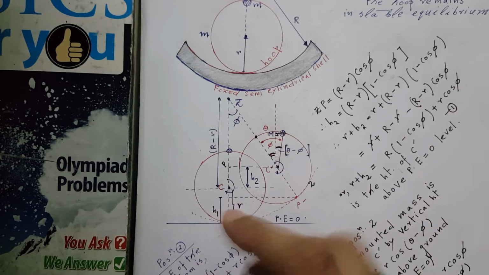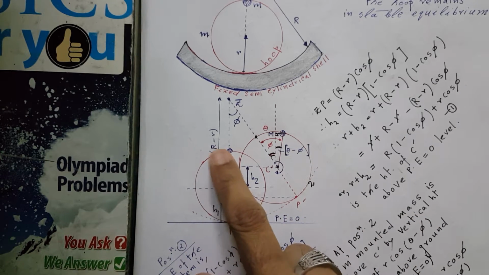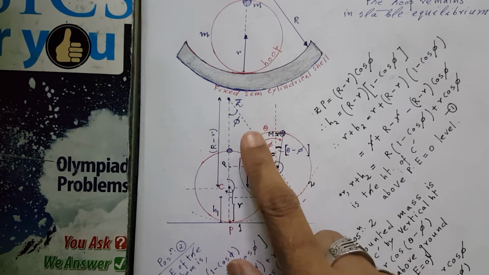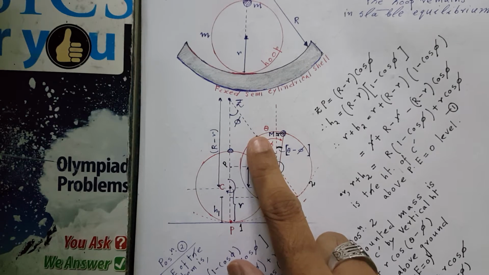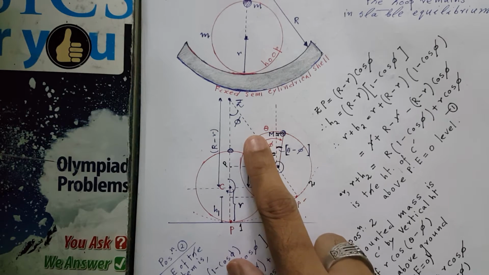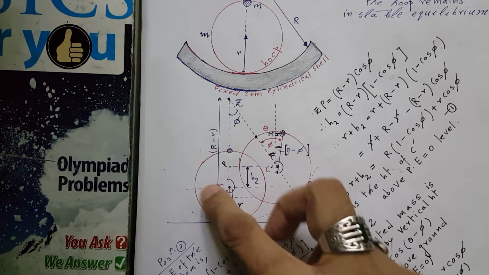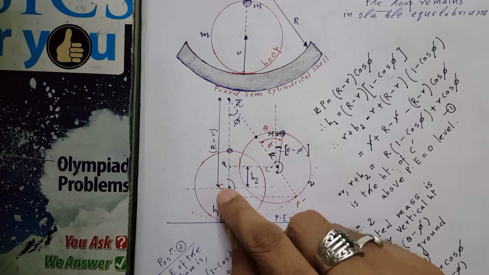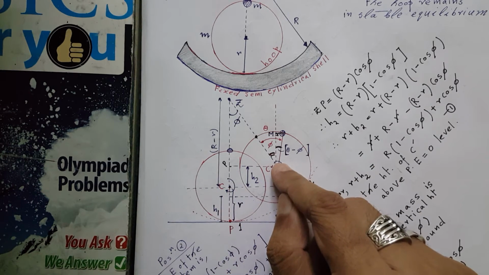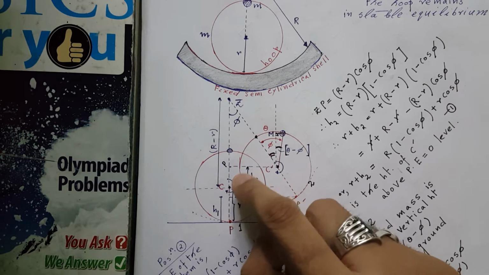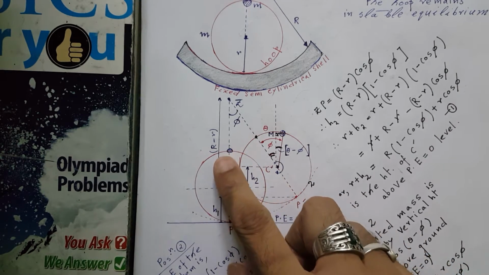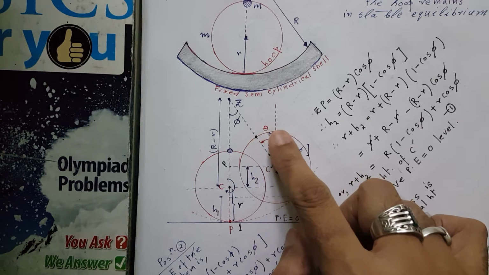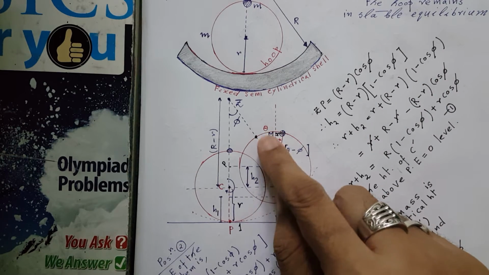As it is pure rolling motion, this point rolls over from here to here, while the center of mass travels from C to C dash. This particular point here actually slides from here to here, thereby covering a total angle theta.